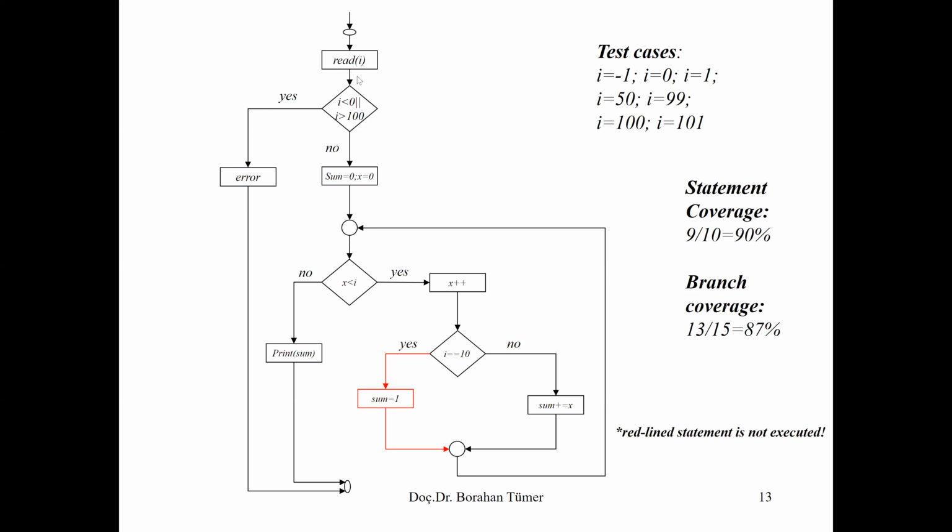Using 1, we go through this path. If I is 1 and x is equal to 0, we first go through this path, and then through this path, and then through this path.